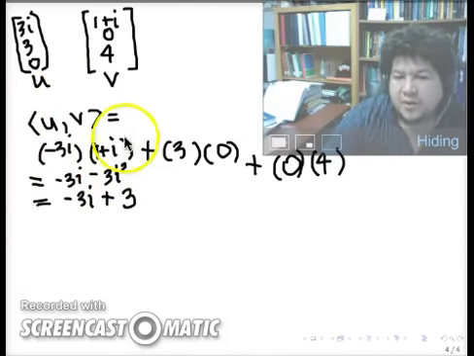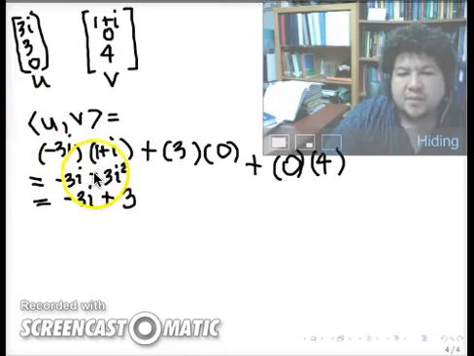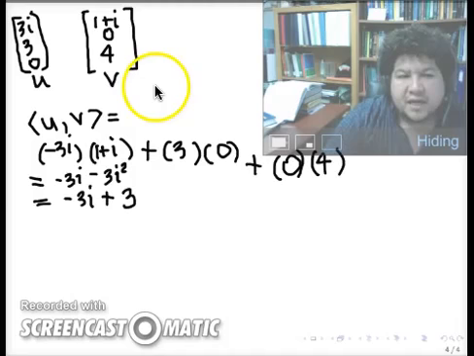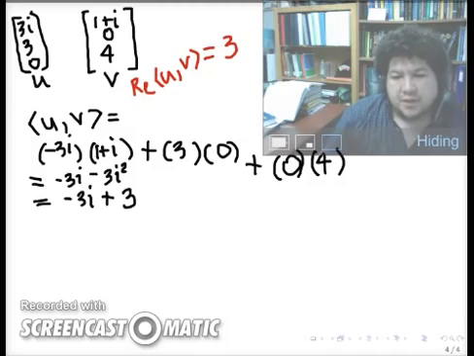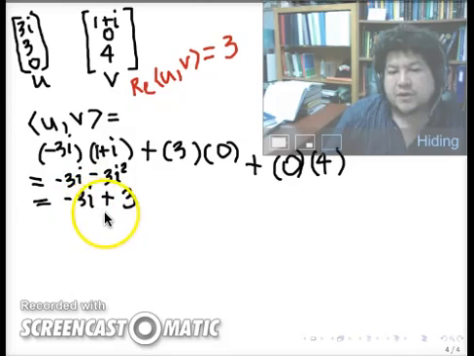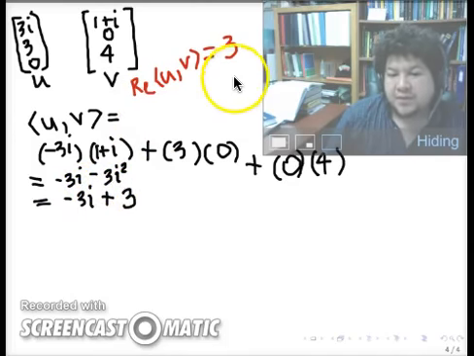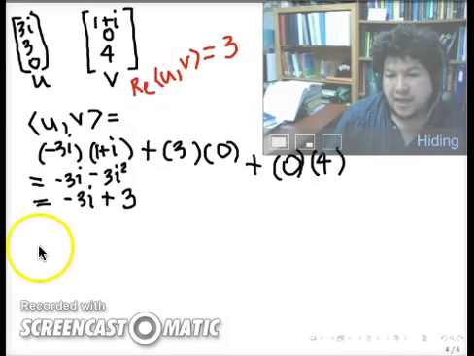So remember, what we really care about is the real part of this inner product. What we just found is that the inner product is 3 minus 3i, but the real part of the inner product is simply the number 3.